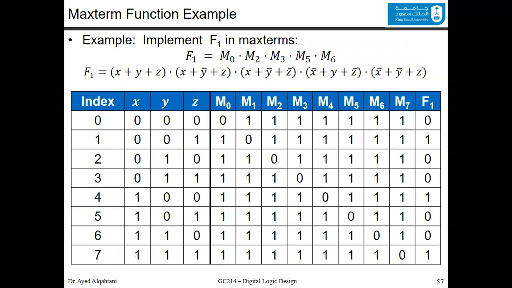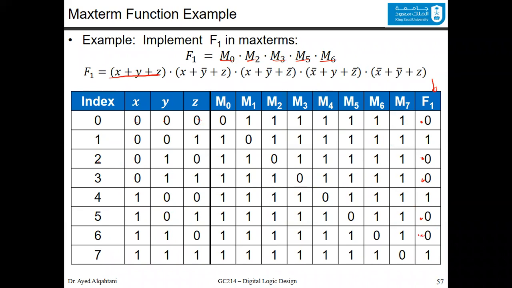If you want to find the same function, f1, but now using max terms, you look at the zeros. For each one of them, you find its max term, which is M capital 0, M capital 2, M3, M4, M5, and M6. And then you AND those max terms together. Now this max term, for example, is x or y or z. Remember, we are thinking opposite.